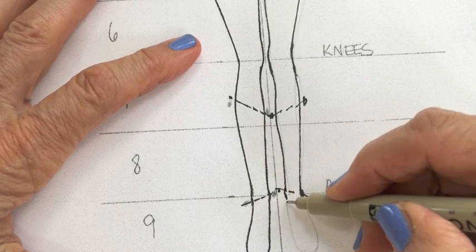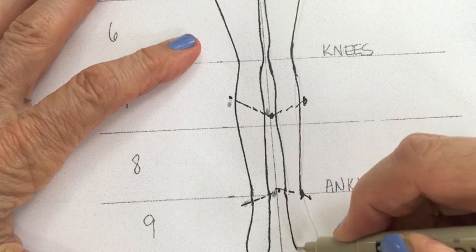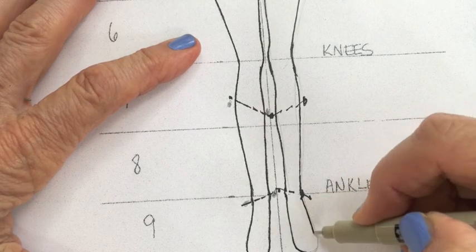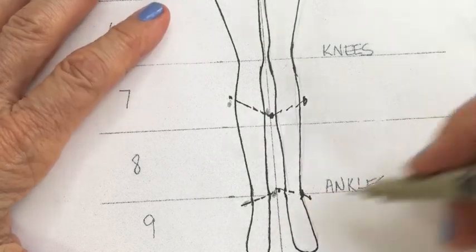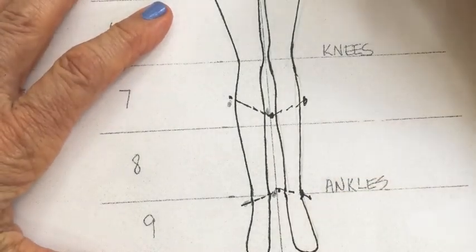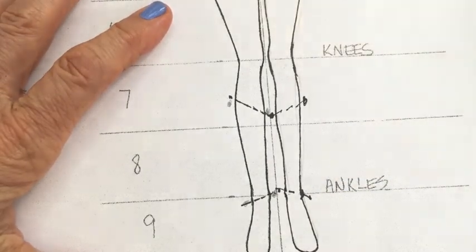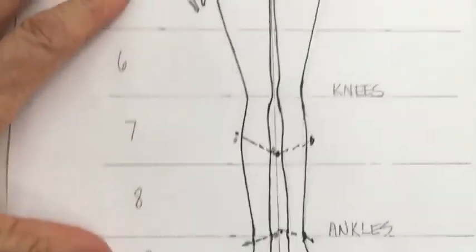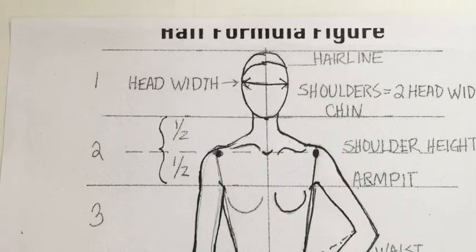And then you have just a simple shape for the foot. We'll do feet and hands later. Belly button, and there you have the whole figure, head to toe, the formula figure.